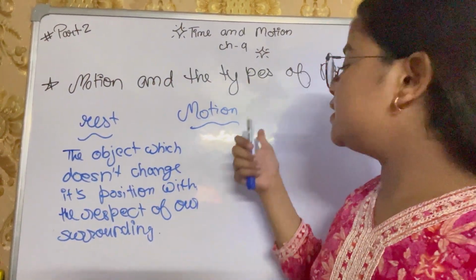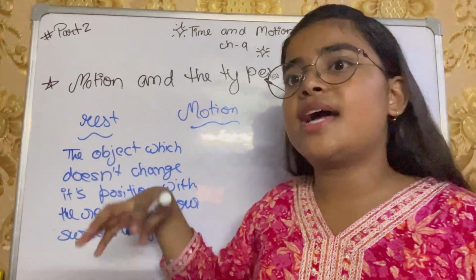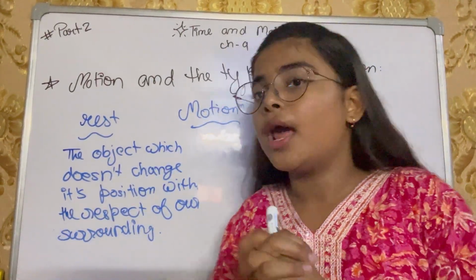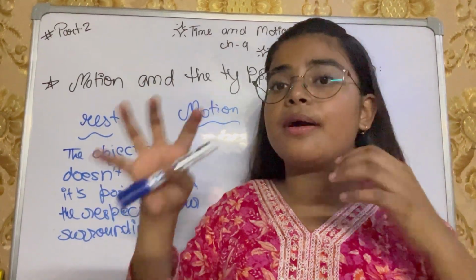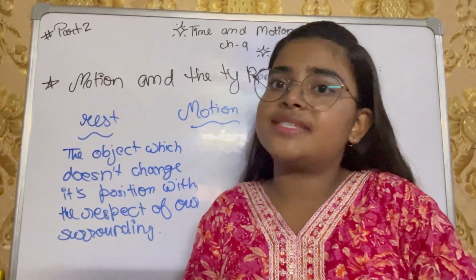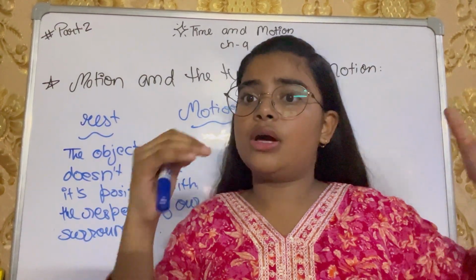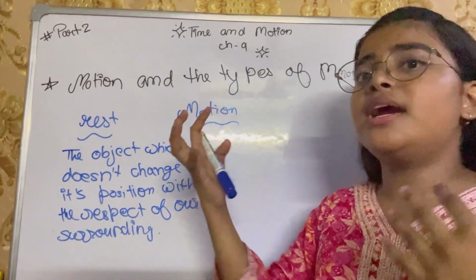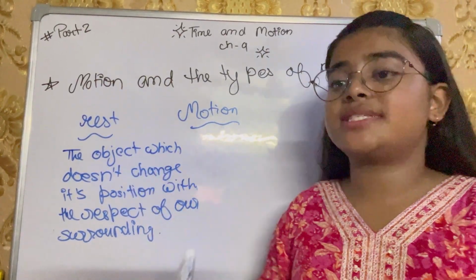Now what is motion? Rest and motion are just opposite. Rest is when the person does not change position, but motion is the opposite. A person or an object is said to be in motion when it changes its place from one place to another, when it changes position with respect to its surroundings and time.